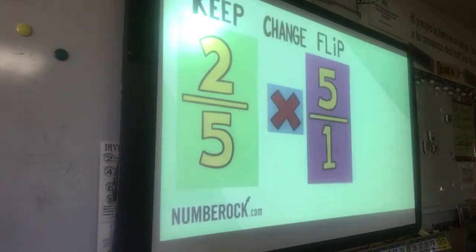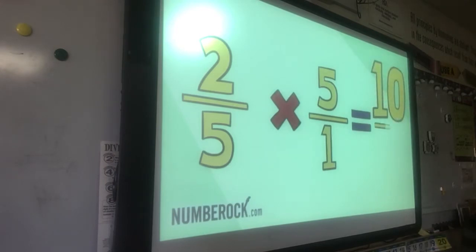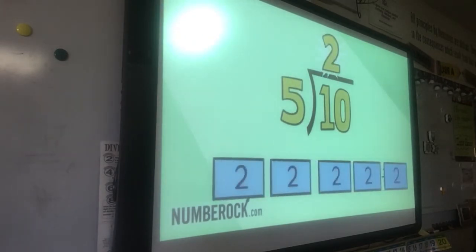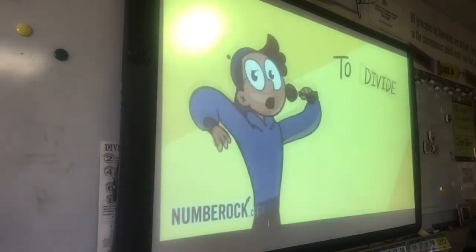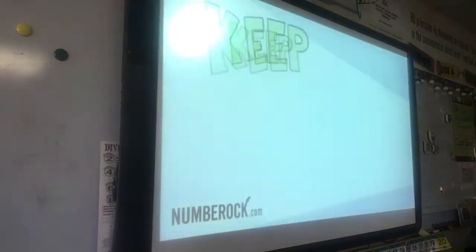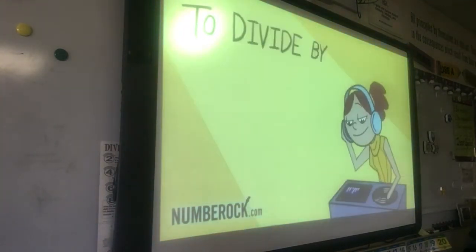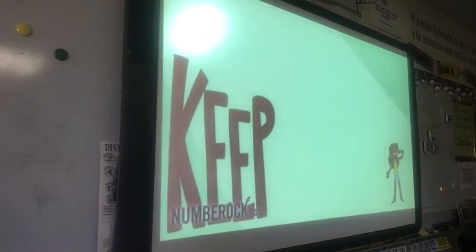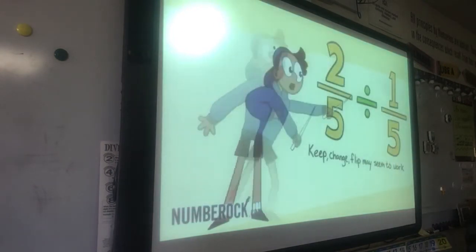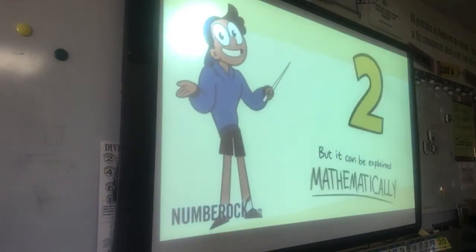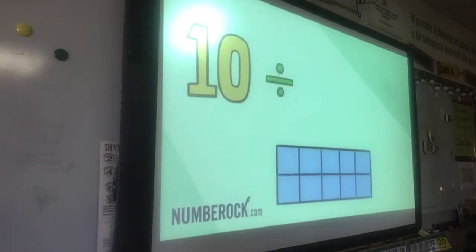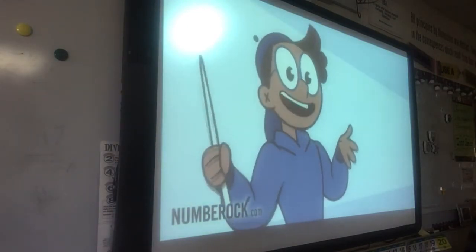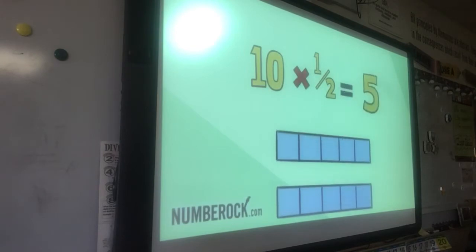Keep, change, flip. 2 times 5 is 10, 5 times 1 is 5. It's an improper fraction, so you need to divide. 10 divided by 5 equals 2. When we divide by fractions, this is what we do. Keep, change, flip may seem to work magically, but it can be explained mathematically. With the number 10, we can divide by 2, and that will leave 5 in each group. Or we can find that 5 through a different path by multiplying 10 by 1/2. It's the trick that never fails.